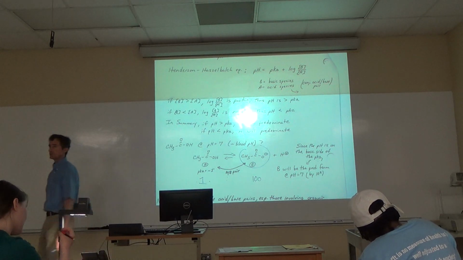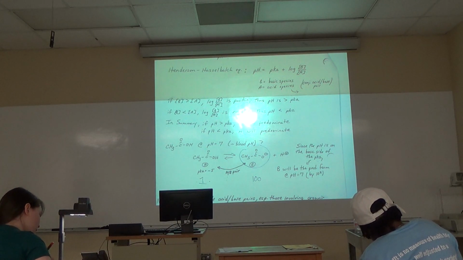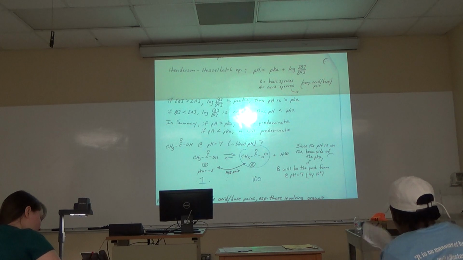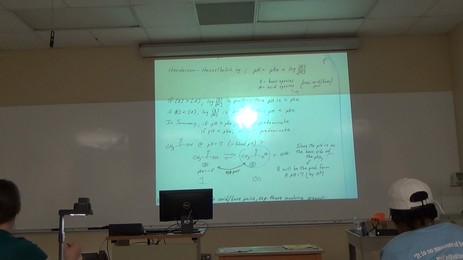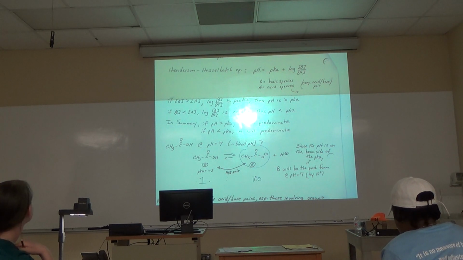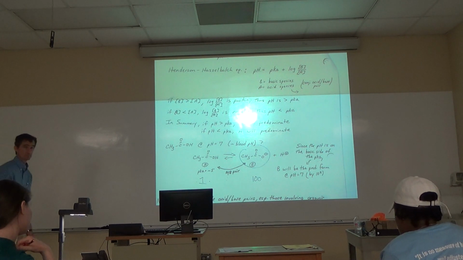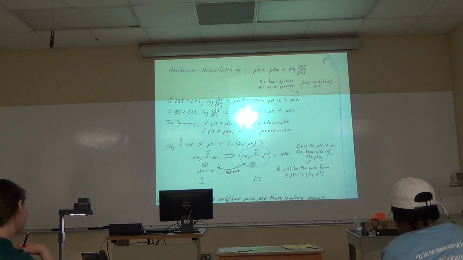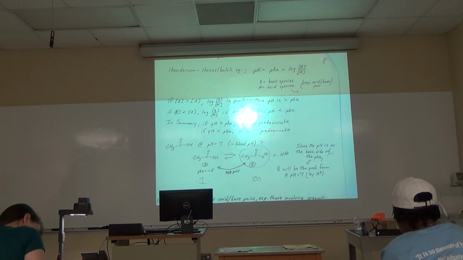It's a 100 to 1 ratio at a pH of 7. That's 10 to the 2. It's the difference between your pKa and your pH. How do we know that? Well, that can all be derived too. It's a log relationship.